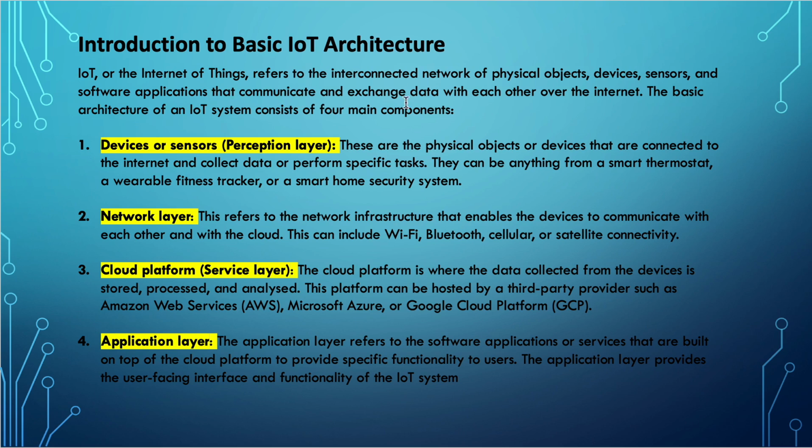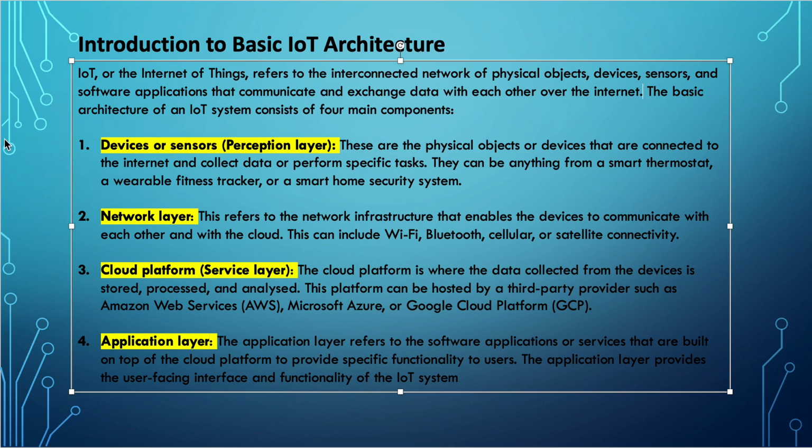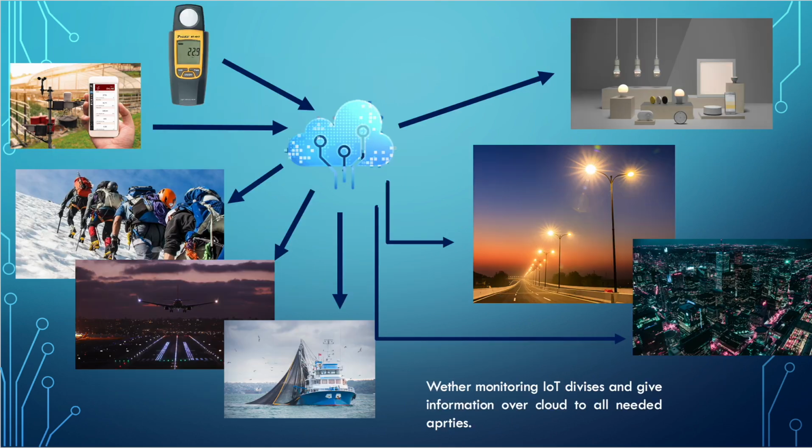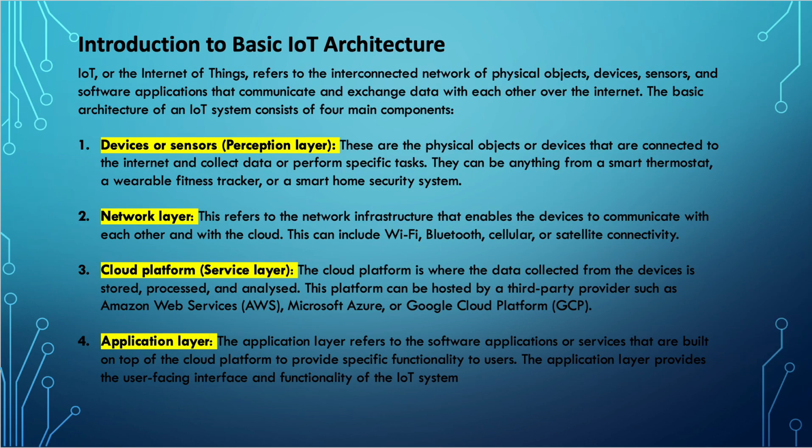That communicate and exchange data with each other over the internet, right? We talked about how physical objects or devices connect with each other over the internet, right? So that is the definition.